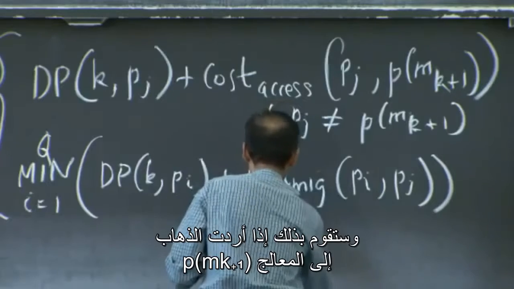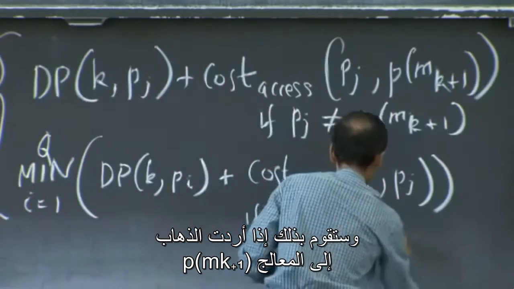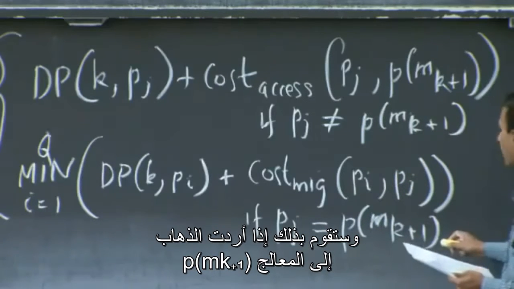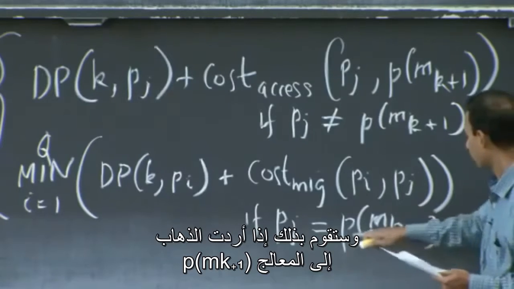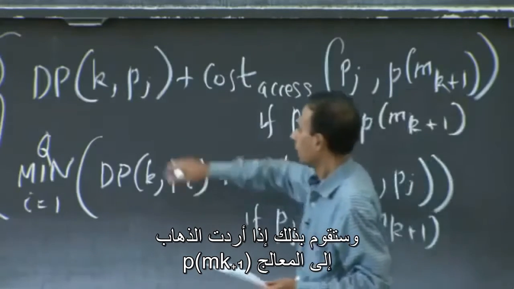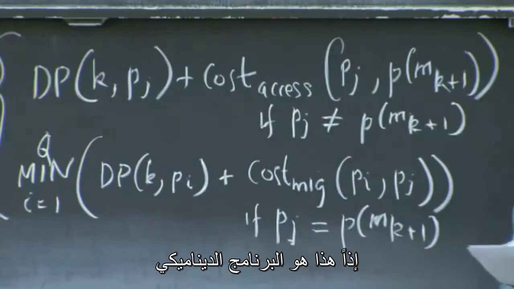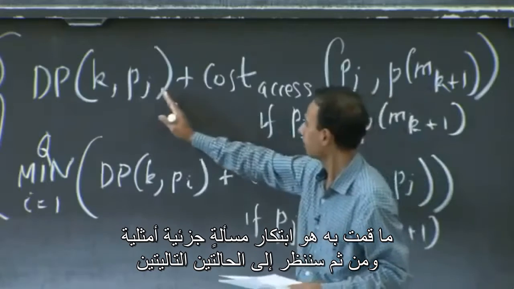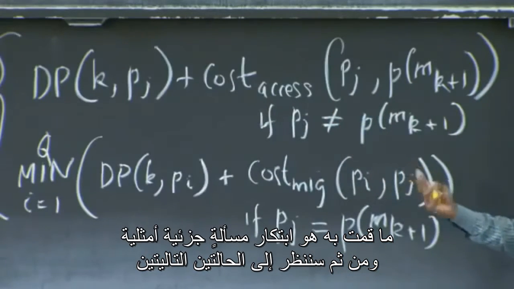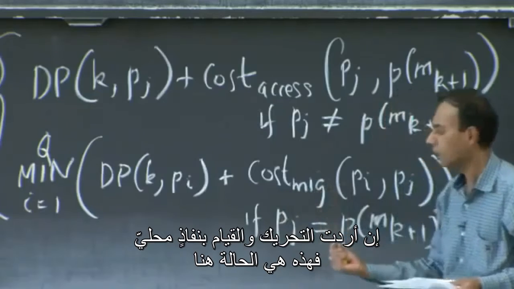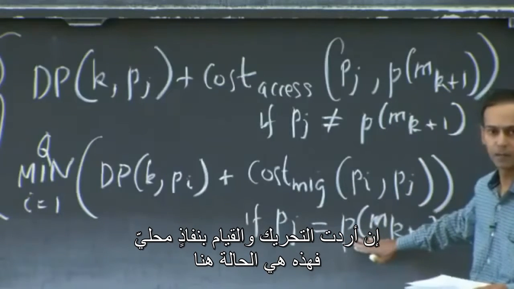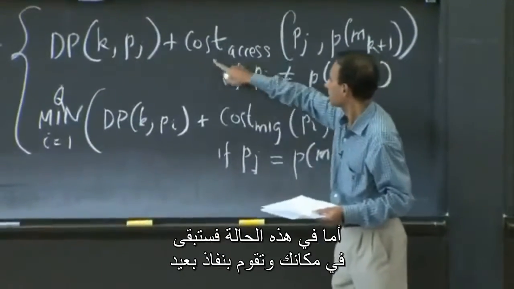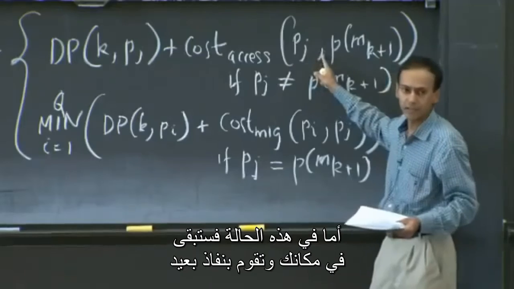And you do this if you want to go to p(mk+1), the processor corresponding to p(mk+1). So that's the setup for this dynamic program. What you've done is created a subproblem, it's optimum, and then you look at the two cases. Do you want to go migrate and do a local access? That's this case over here. Migrate to the processor and do a local access there. And in this case, you stay where you are and do a remote access.